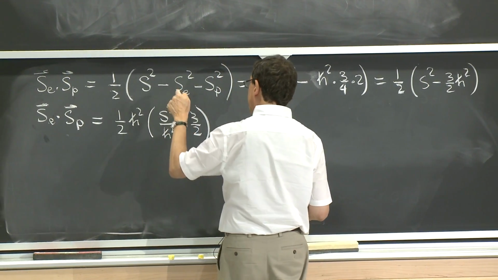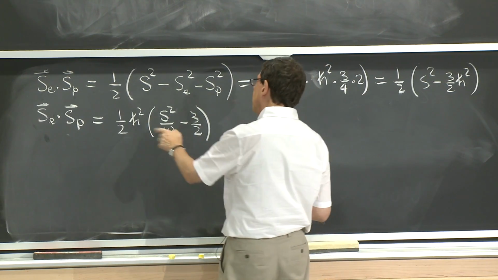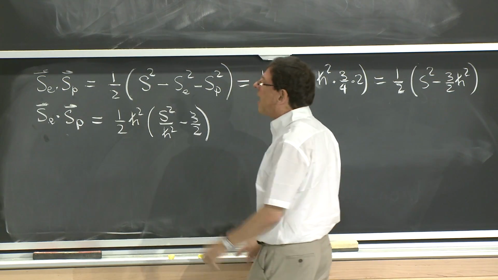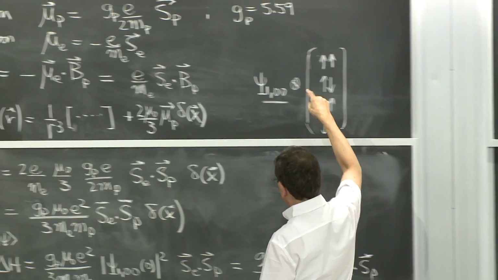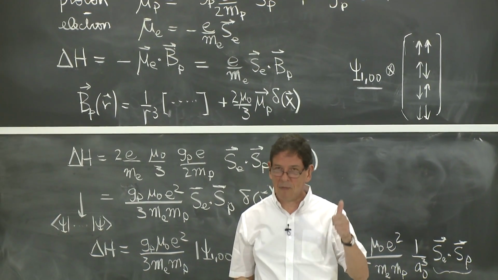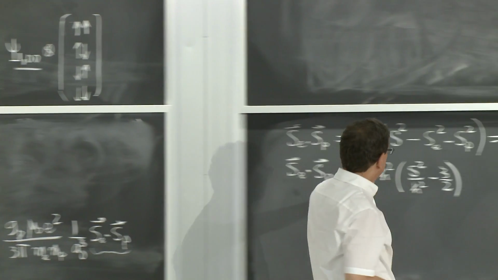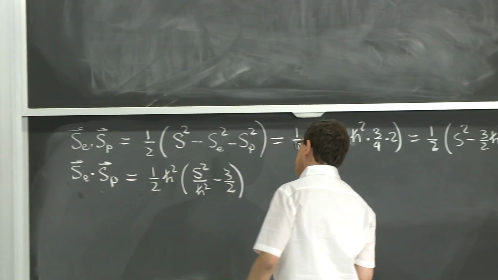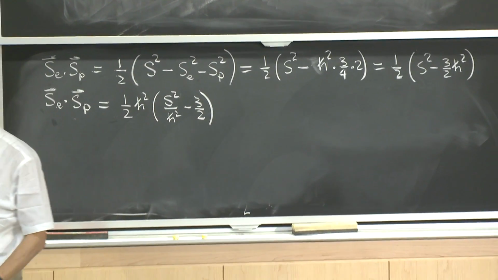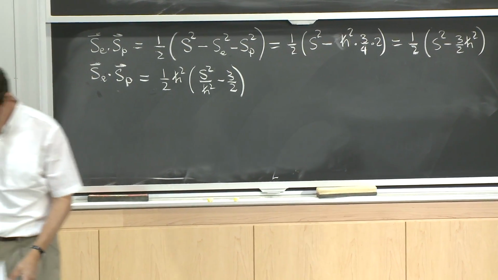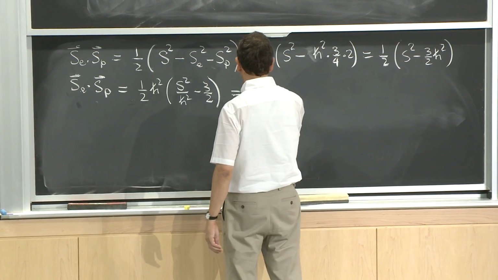So the states of the total angular momentum are the states for which this operator is diagonal. So instead of looking at these 4 states, we should look at the triplet that we found before and the singlet. So if I want to evaluate this object, I now have to simply look at the triplet and at the singlet. So what is this for the triplet and for the singlet?